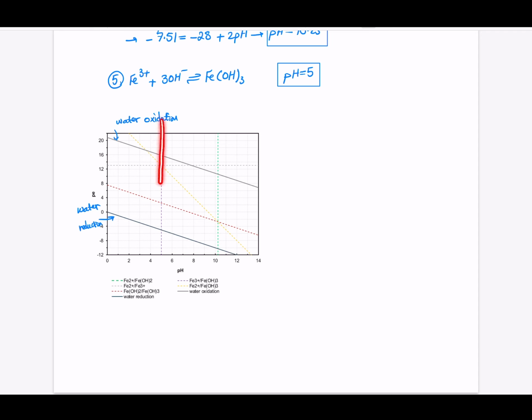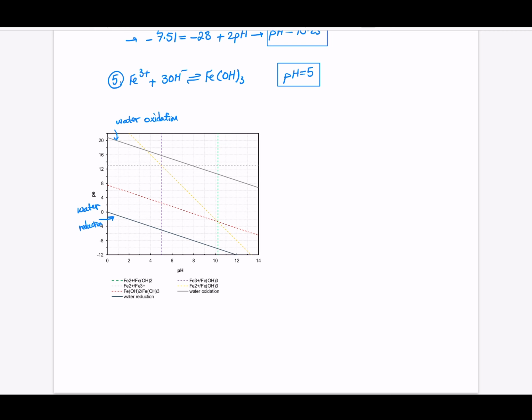This line is basically dividing this section and this section into Fe3 plus, this one, and FeOH3. So that means all the lines here that don't have equilibrium with Fe3 plus would disappear.